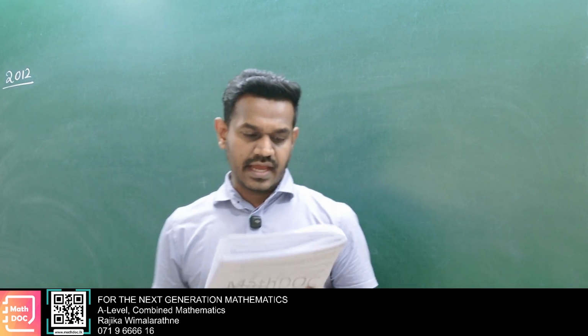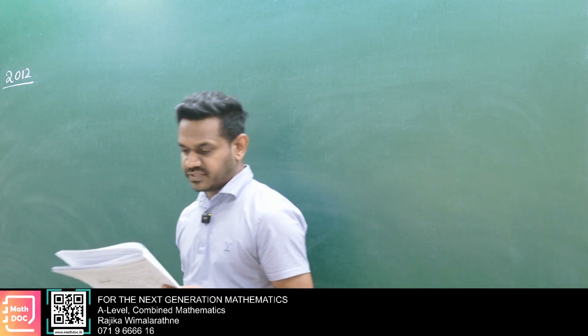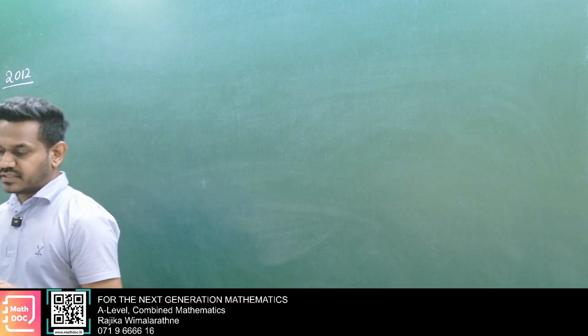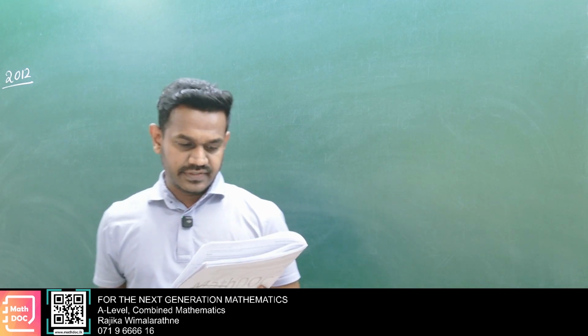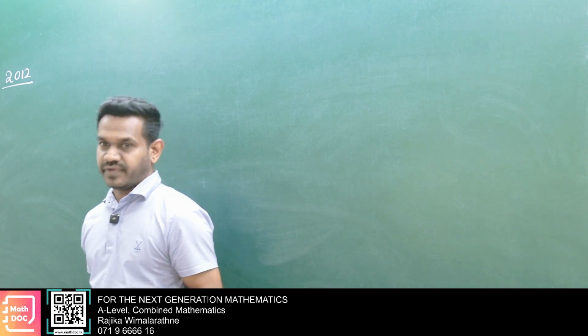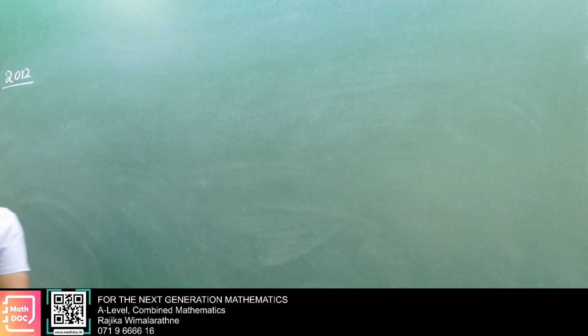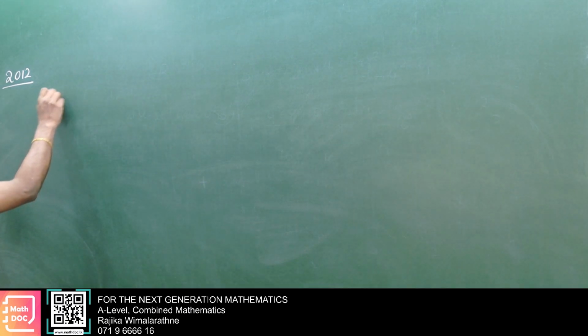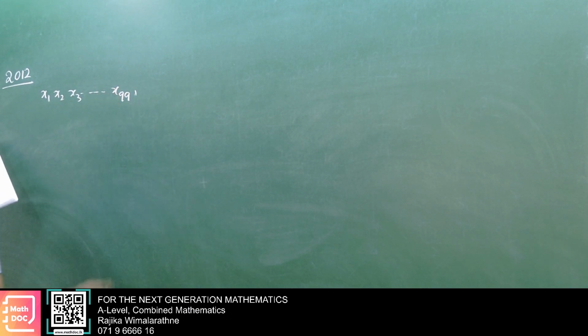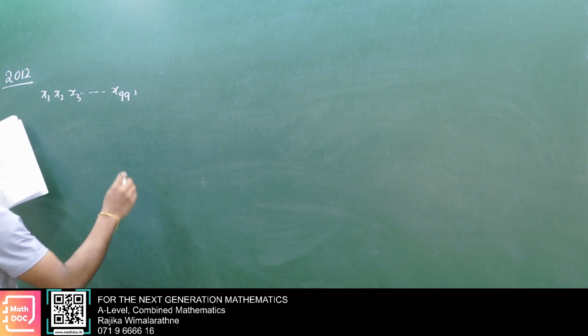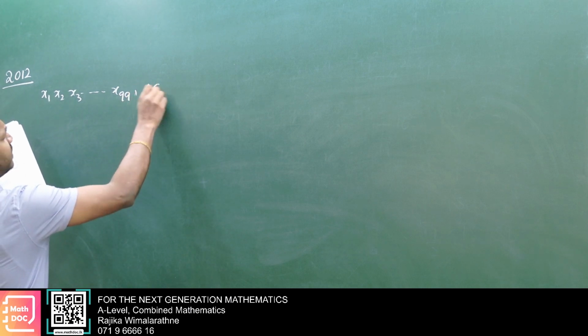The mean and the standard deviation of 100 observations were calculated as 30 and 4.1 respectively. It was later found that one observation had been erroneously recorded as 40 instead of the correct value 30. Then 100 observations x1, x2, x3, up to x99, and here the wrong value 40.